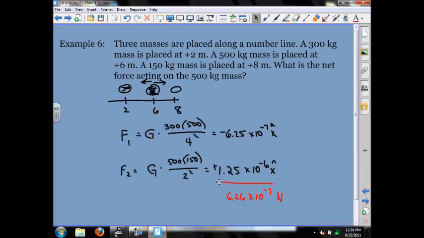Add them together. We should be getting positive. Since it is positive, this indicates the way we drew it is to the right. Does anything up here necessarily mean that that direction is to the right? Towards, I guess it's towards 8. Towards the 1.